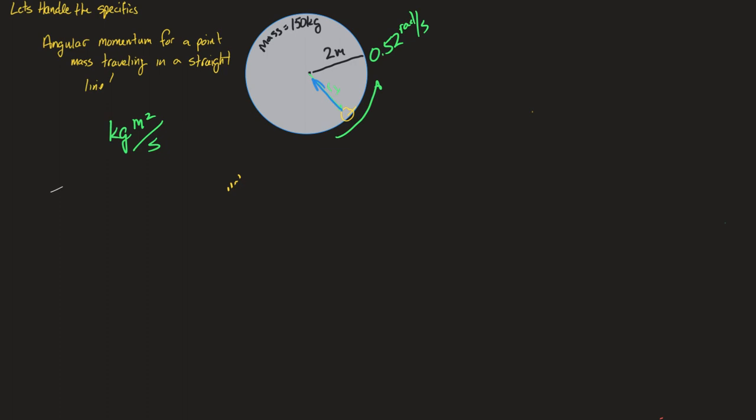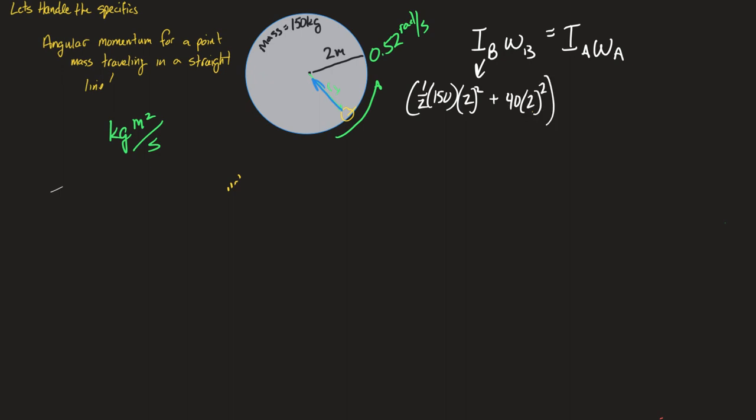So we'll start with I of the system before, omega before, equals I of the system after, omega after. So I before: that's the moment of inertia of the disk, 1/2 times 150 times 2 squared, plus the moment of inertia of the kid, 40 times 2 squared, all times the angular speed, 0.52.